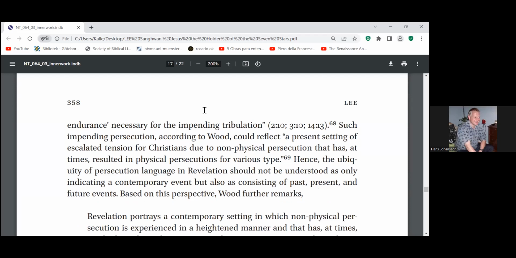Such impending persecution, according to Wood, could reflect a present setting of escalated tensions for Christians due to non-physical persecution that has at times resulted in physical persecutions of various types.